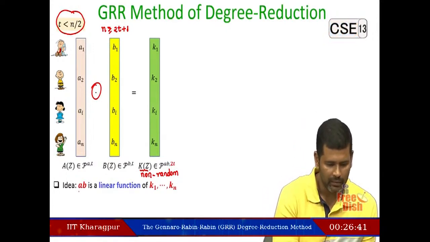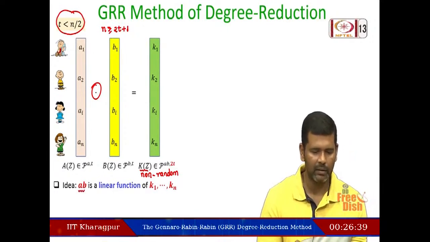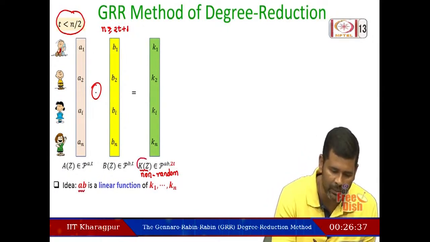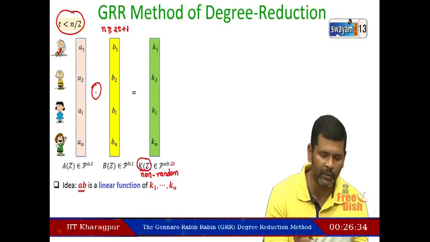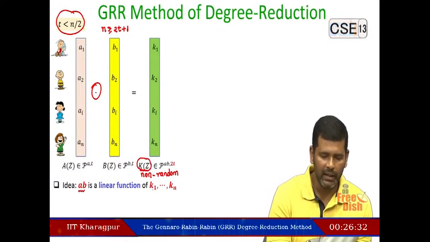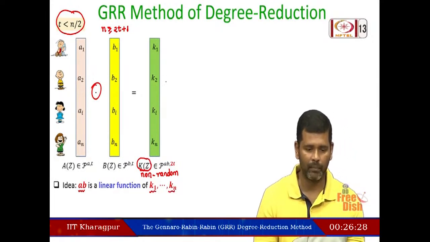Okay. So, the first thing to observe here is that the constant term of this k polynomial, which is the unknown value ab, is a linear function of the values k1, k2, ki, kn.